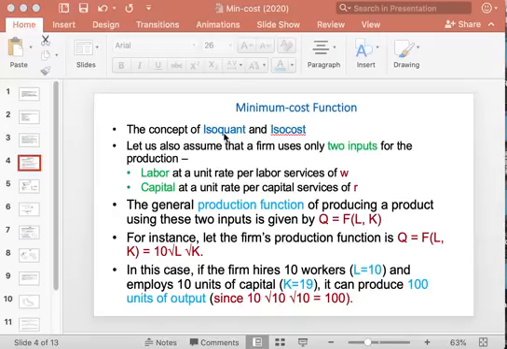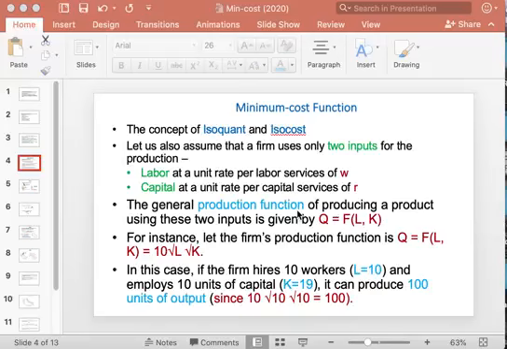This isoquant line is derived from the curve, or from the three-dimensional figure that is obtained using the production function.